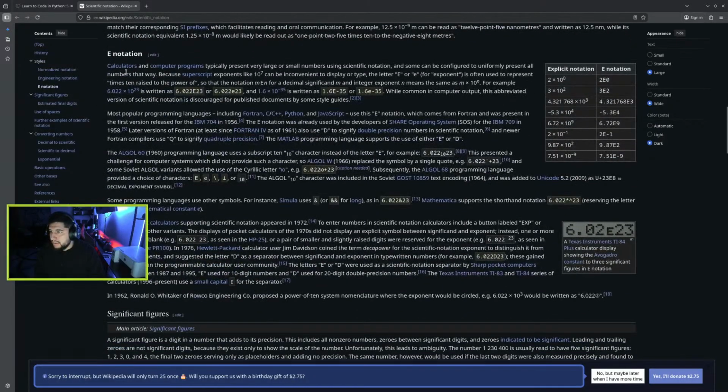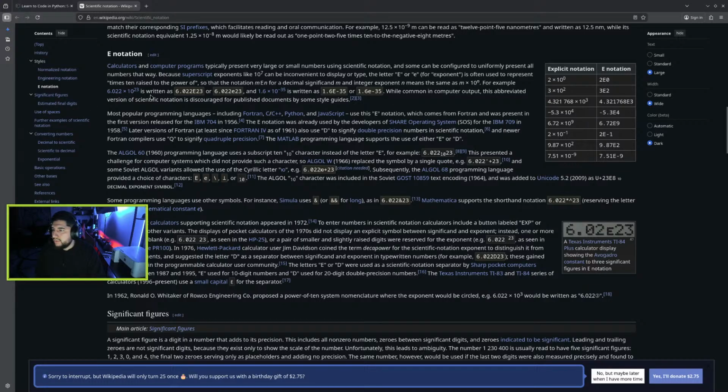E notation. Calculators and computer programs typically present very large or small numbers using scientific notation. Because superscript exponents like 10 to the power 7 can be inconvenient to display or type, the letter capital E or lowercase e, for exponent, is often used to represent times 10 raised to the power of, so the notation mEn for decimal significand m and integer exponent n means the same as m times 10 to the n power.